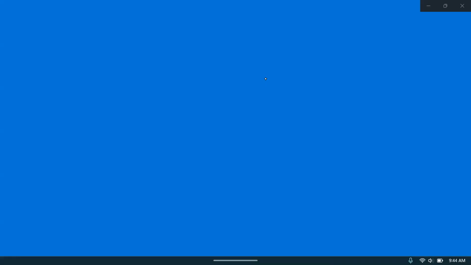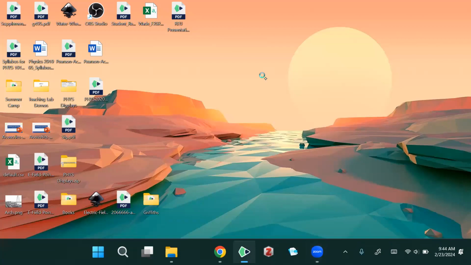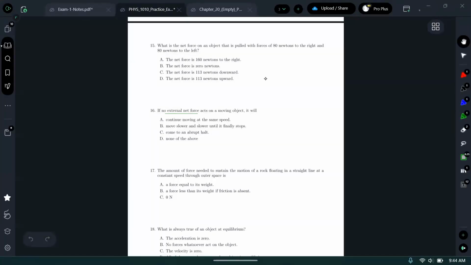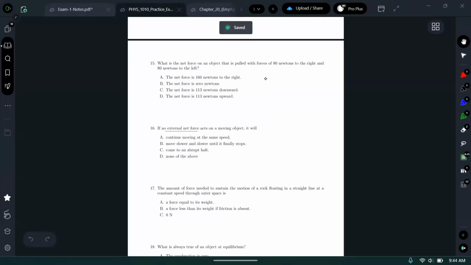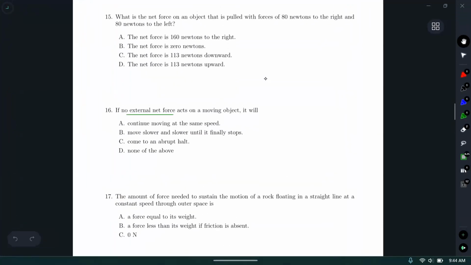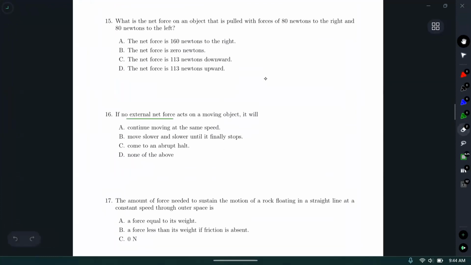It is at rest. Yep. Or it is at rest, or there's another option. It's moving at constant speed in a straight line. So it will continue moving at the same speed it was going at in a straight line. That's not stated there, but that is true as well.